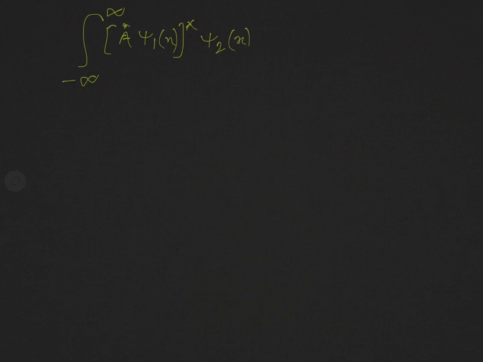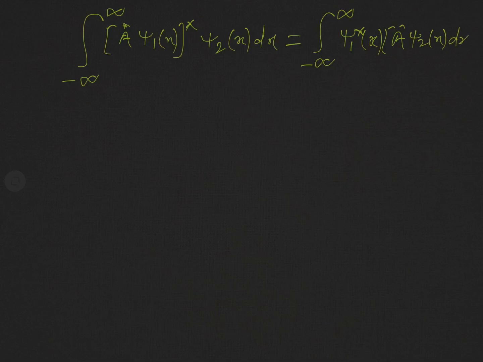In that condition, in integral form, we will write it as the integral from minus infinity to plus infinity of A hat psi1 of x, star, psi2 of x dx, and the RHS of equation A will be the integral from minus infinity to plus infinity of psi1 star of x, A hat psi2 of x dx.